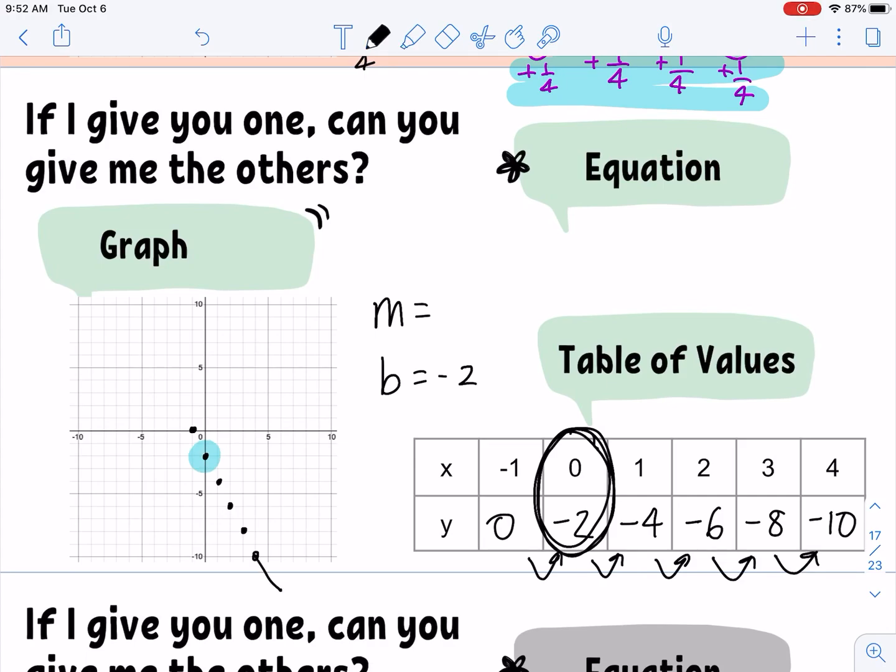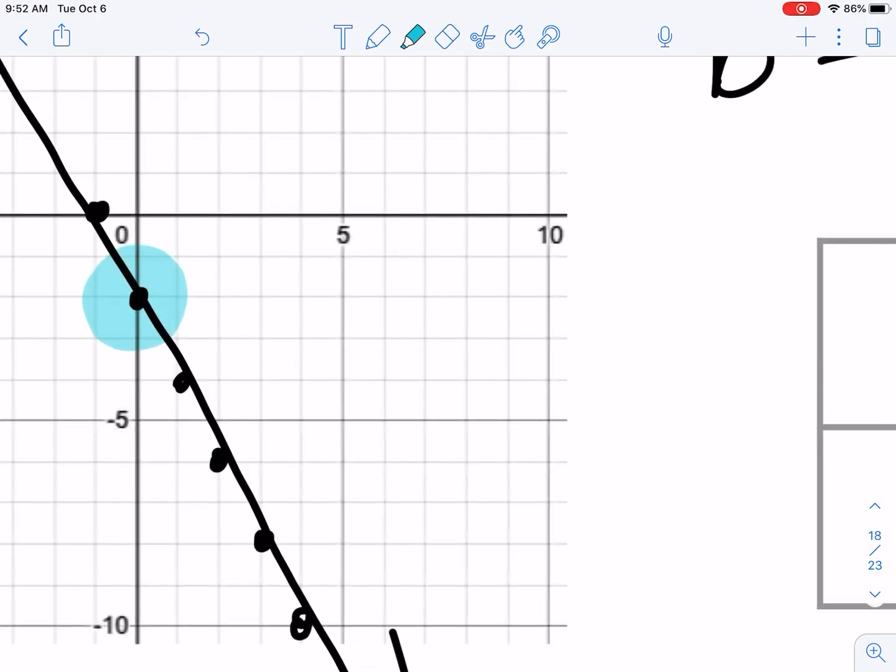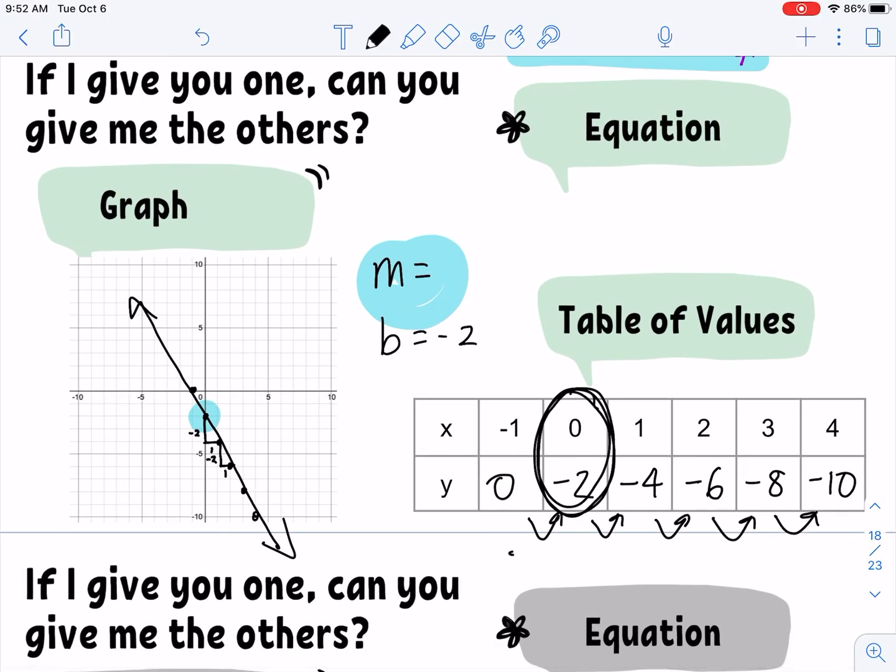Maybe for you, finding the slope graphically is nicer. Maybe you like to go, oh, I'm going down 2 and to the right 1, down 2 and to the right 1. Maybe that feels better for you than going, oh, I'm subtracting 2 each time. Maybe it's the reverse. I don't know.